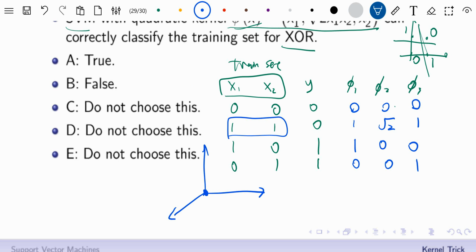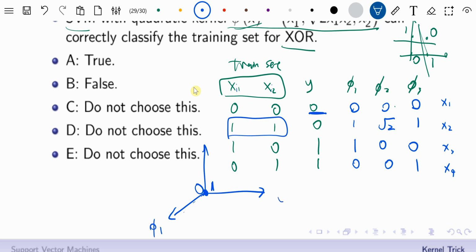So this is our first point. Let's call them x1, x2, x3, x4. Technically these should be x^(i)1, x^(i)2, and so on, but in any case, this is our first point, and it is labeled 0 because y here is 0. The other one is 1, square root 2, 1.